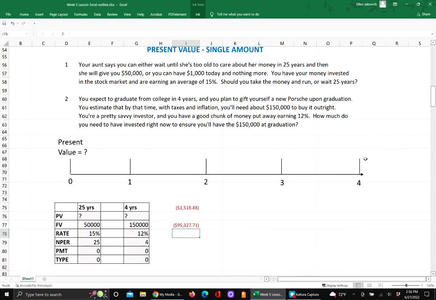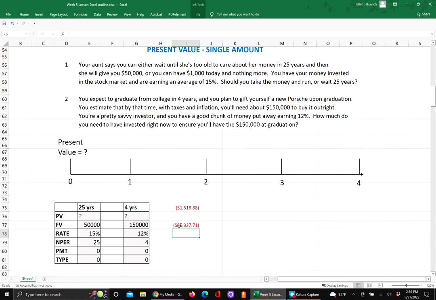Boom. Okay, if I shrink that 150,000 at time 4 back 4 years, at 12% I would need to have $95,327.71 sitting in my account, earning 12%, for it to grow to that much.